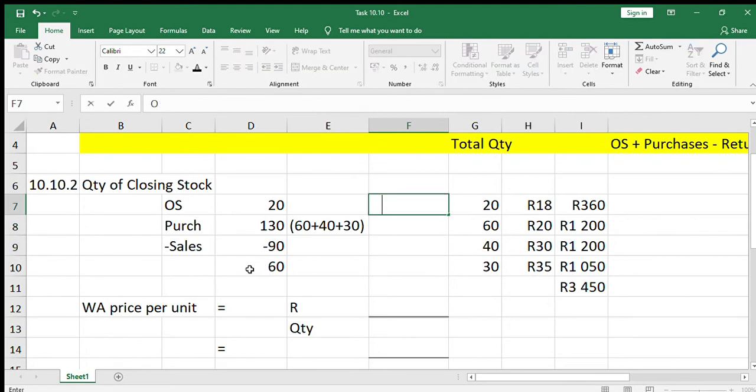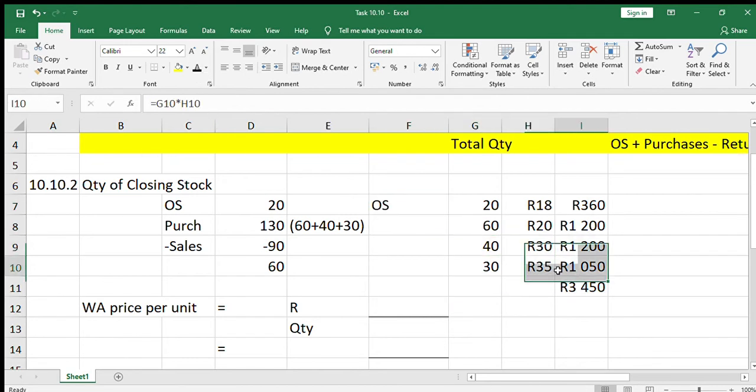Remember, this was our opening stock, 360, and the total purchases would be 3,450.